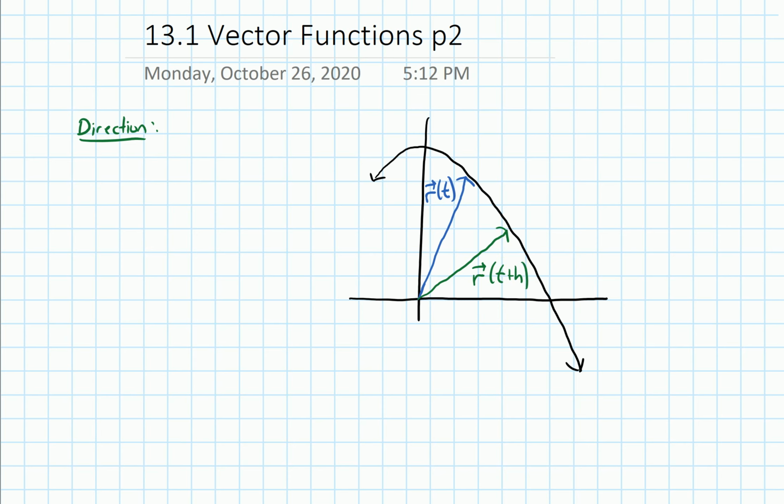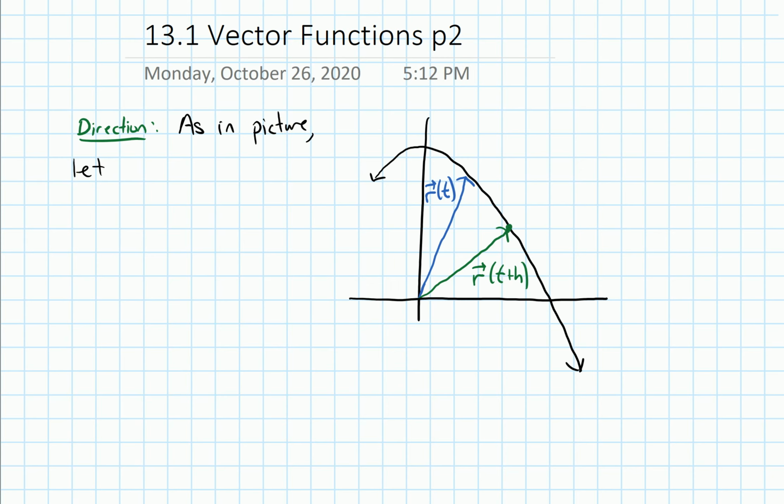So we're at this green point at the head of this vector after t plus h units of time, and then we're at the blue head of that vector after t units of time.